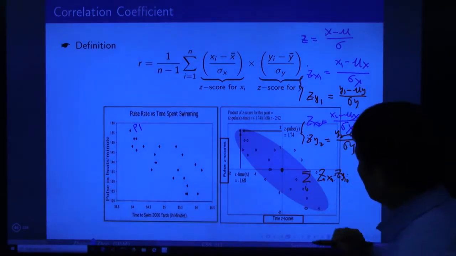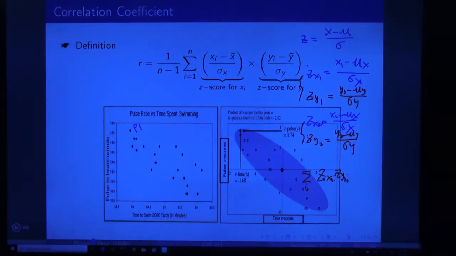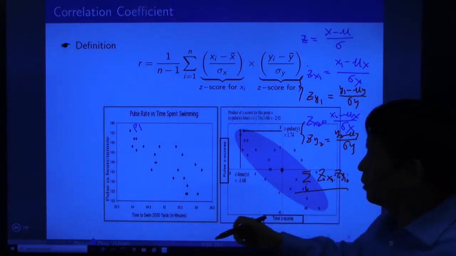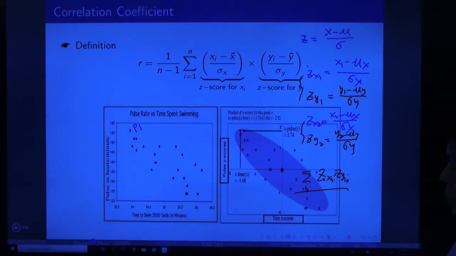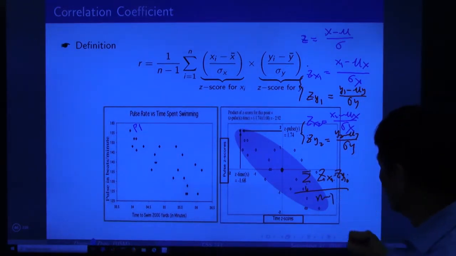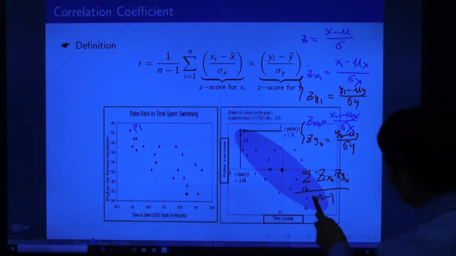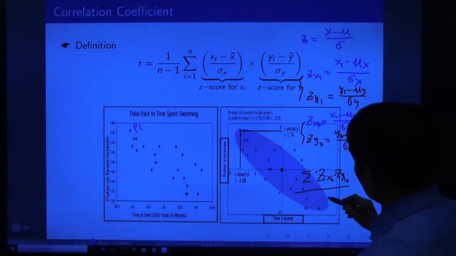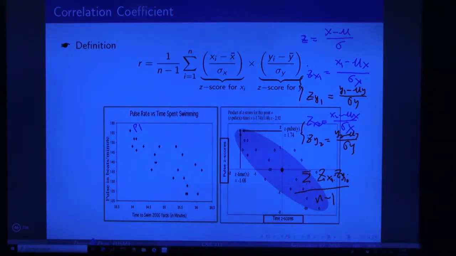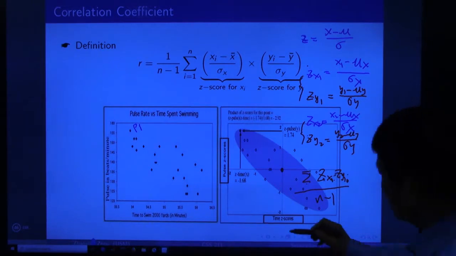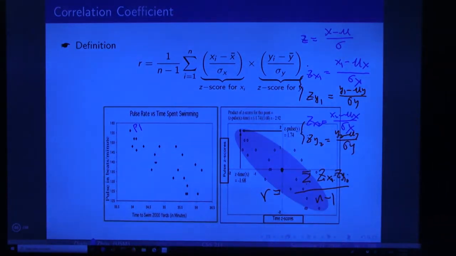Then we add all this together. Then we divide it by the total number of data points minus 1, which is the degrees of freedom. So we divide it by n minus 1 here. And we call this the correlation coefficient.